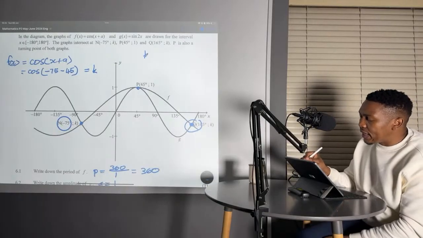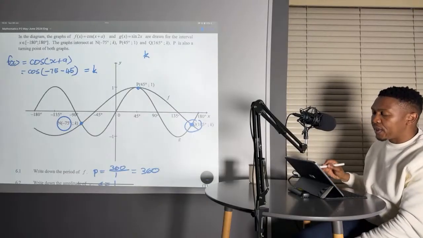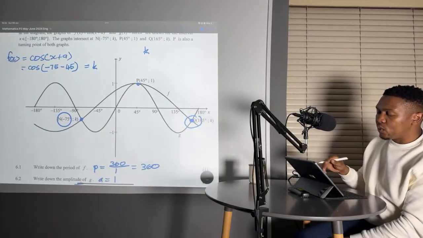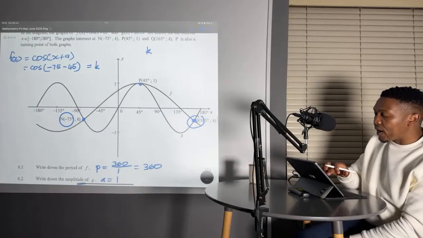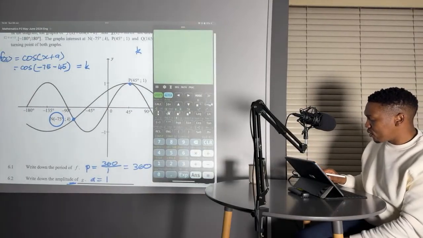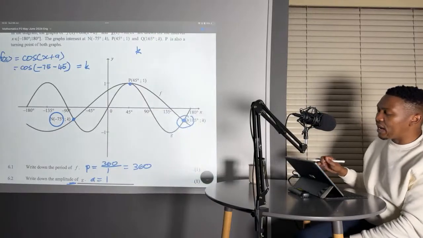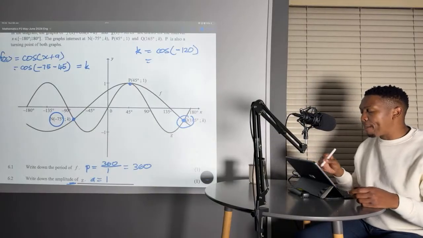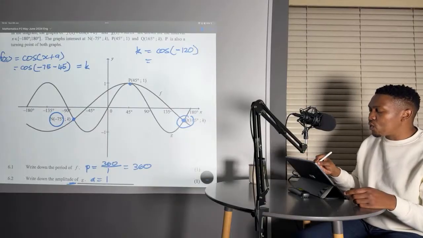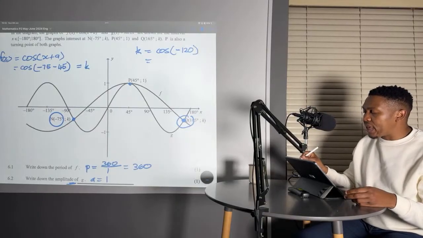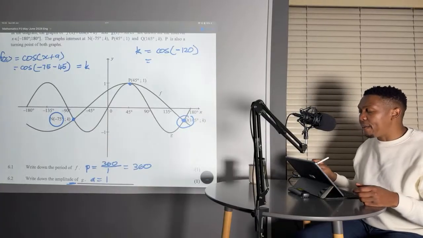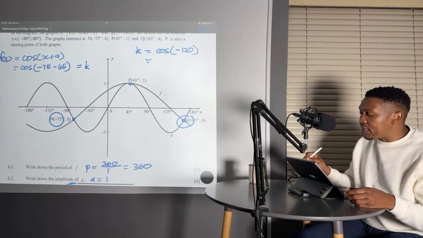Now you'll notice that K, in this case, minus 75 minus 45, in fact, I think it would have been much better had I used 75 plus 45, that's 120. So K is equal to the cos of minus 120. Now remember, when we apply our trig ratios, cos of negative 120 would be in the third quadrant, or you can say 360 minus 120, and in this case, it would be much easier to use that.